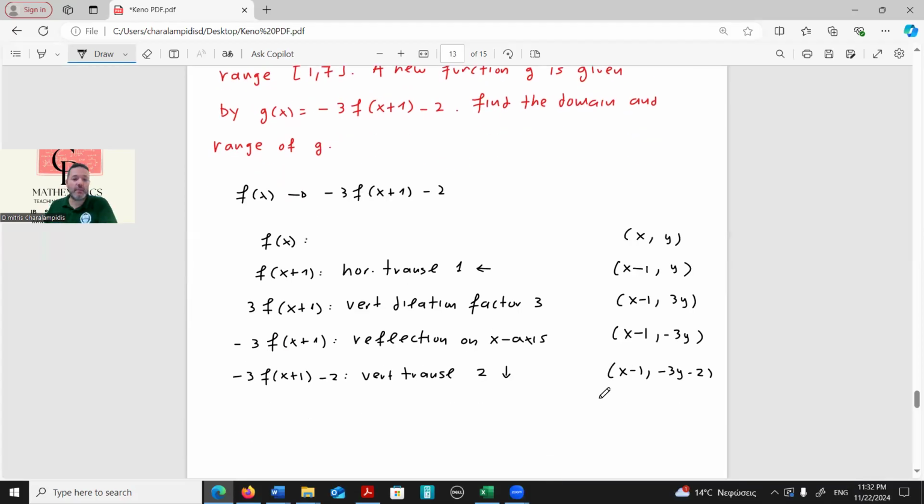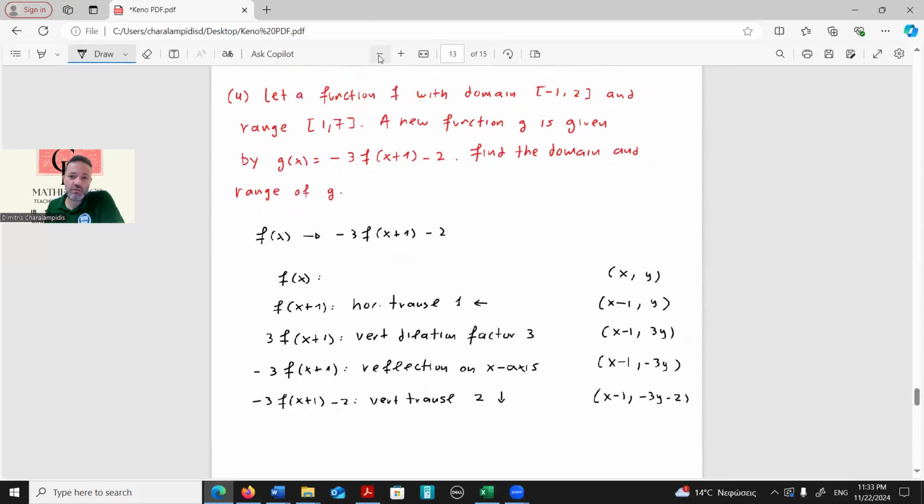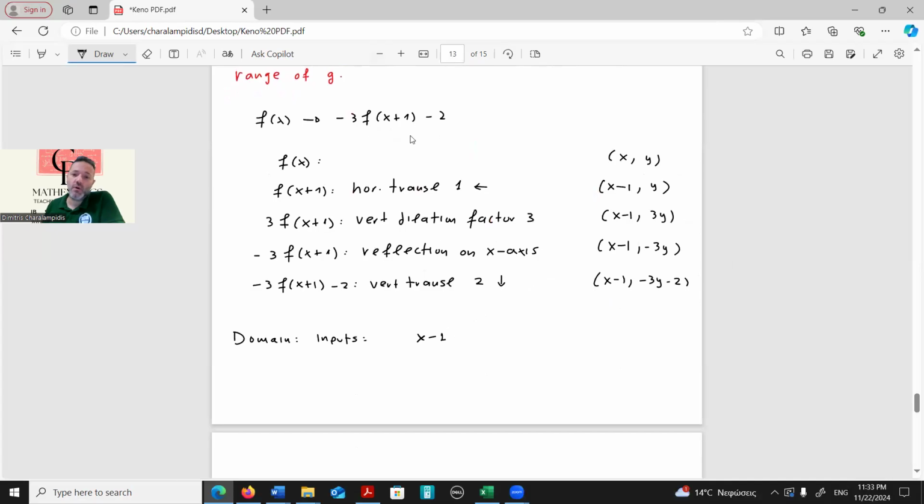I need the domain. The domain is the set of inputs. My inputs here are of the form x minus 1. I need to know the values within which the x's lie. The original domain of f was minus 1 comma 2.